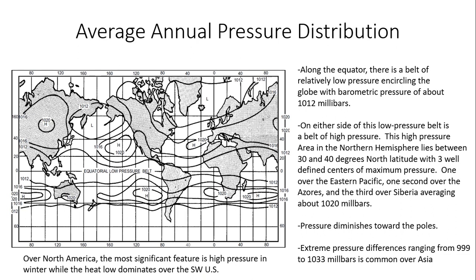millibars. On either side of this low pressure belt is a belt of high pressure, and this high pressure area in the northern hemisphere lies between 30 and 40 degrees north latitude, and there are three well-defined centers of maximum pressure. One is over the eastern Pacific Ocean, one is over the Azores, and the third is over Siberia, which averages about 1020 millibars.